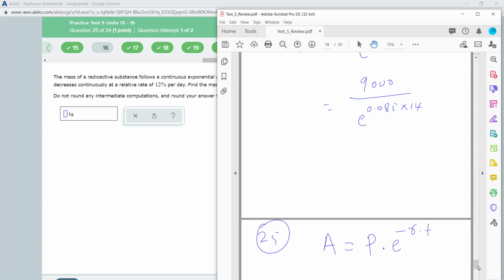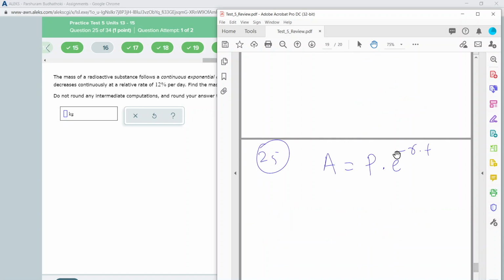So you will have a negative value for the exponential decay. A means future value, future mass. P means initial value, initial mass. Rate of decay is given. Time should be given there.